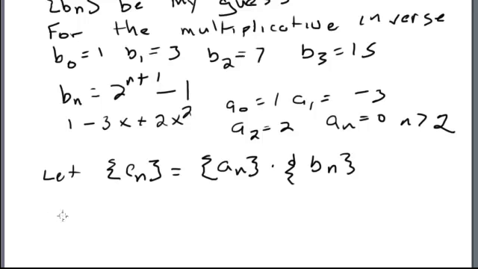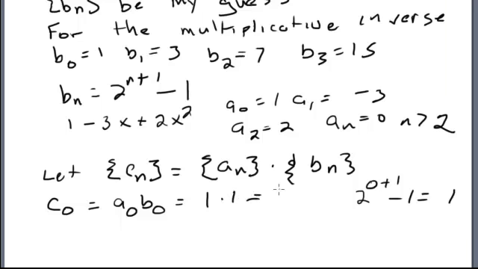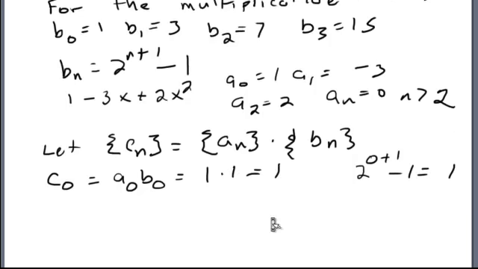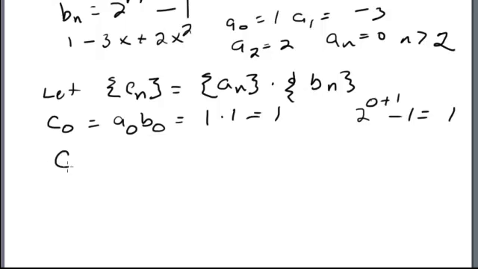I'm trying to get too fast. So C0 is equal to A0 times B0, which is equal to A0 is 1, B0 is 2 to the 0 plus 1, minus 1, and that's equal to 1. So that's 1 times 1 is equal to 1, which is good. Okay, C1 is equal to A0 B1 plus A1 B0. So that's equal to A0, which is 1, times B1.